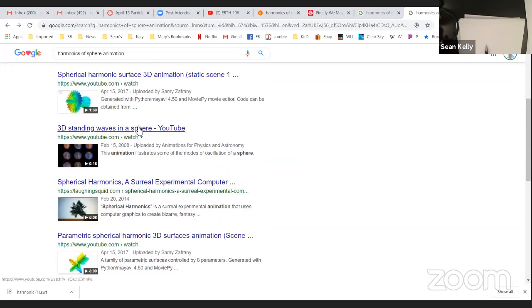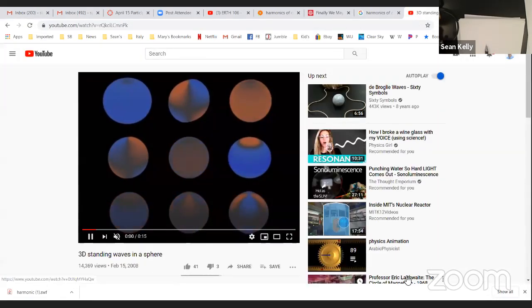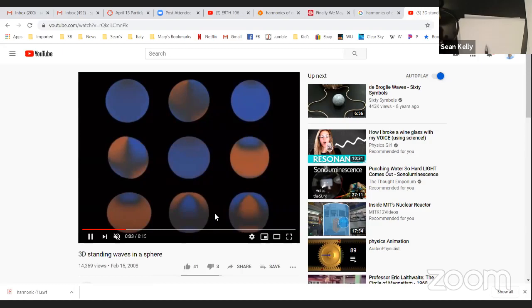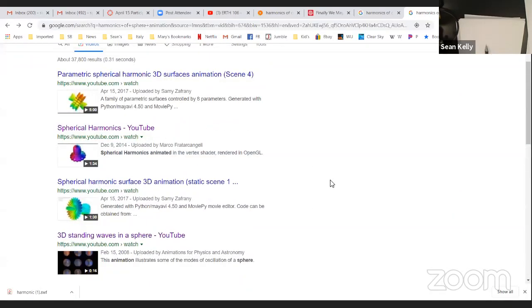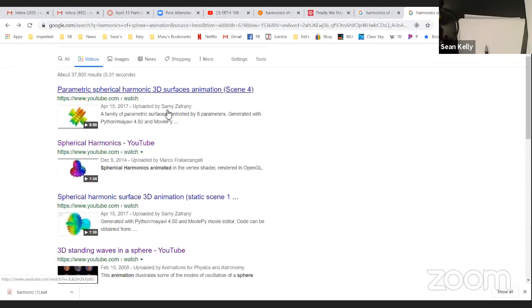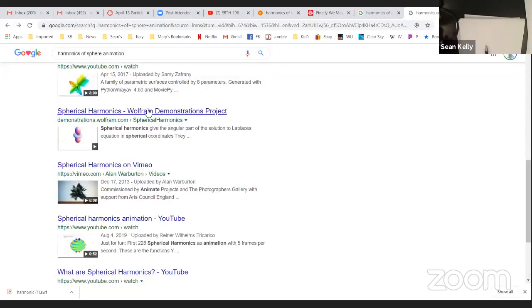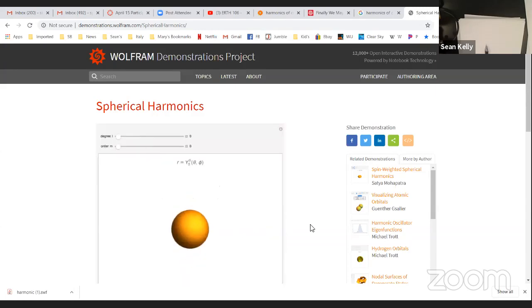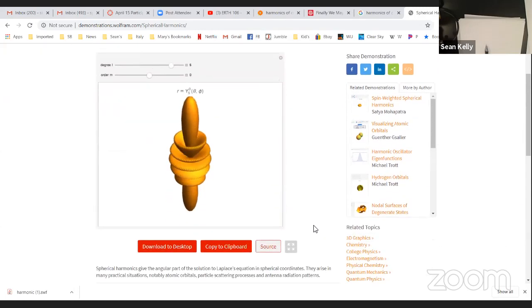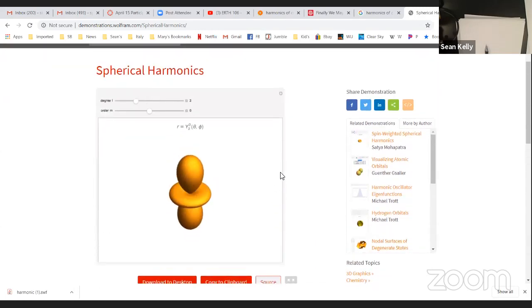Come on. Standing waves in a sphere. There we go. Okay. Oh, these are boring. No, that's not it. Okay, I'm not finding it. Parametric 3D, spherical harmonics. Oh, maybe here. Let's see. So these are actually, okay, hold on a second.